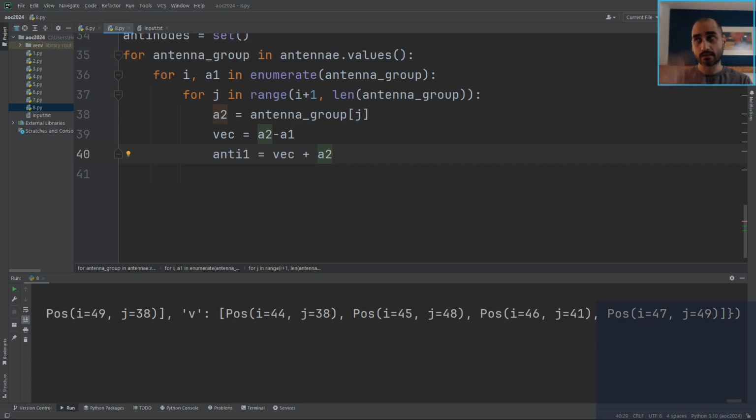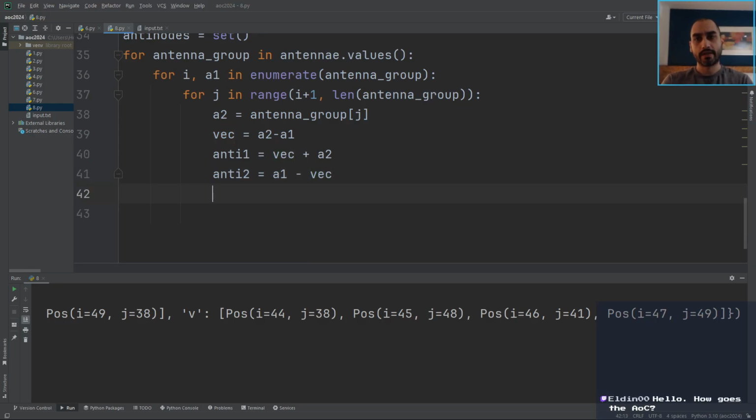Adding it again gets one more unit of vec away. So that should be twice the distance from A1 as it is from A2. And antinode 2 equals A1 minus vec.